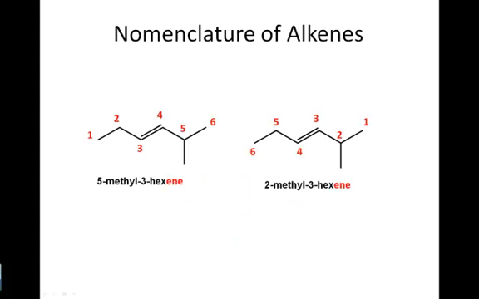Here I have a situation where I've numbered the carbons in the longest continuous chain from opposite directions. And you'll notice that in each of these cases, my locant, or my position for my double bond, is the same. But the position for the substituent, the methyl group, is different, depending on the direction that I number the chain from.